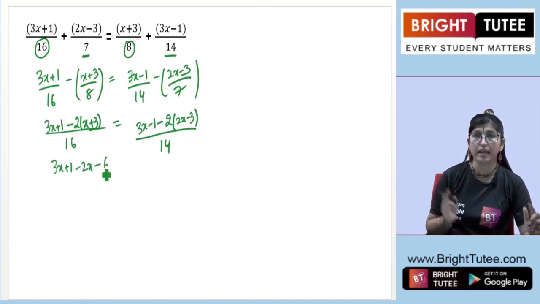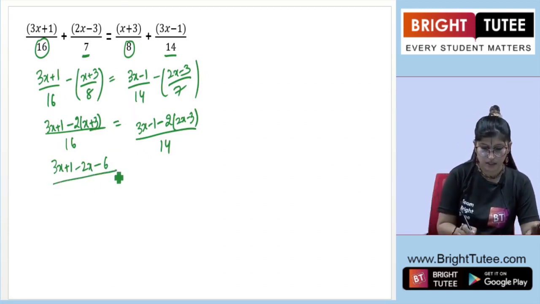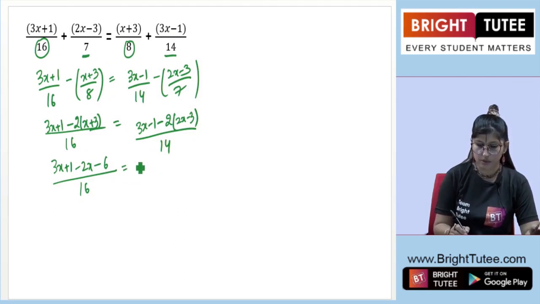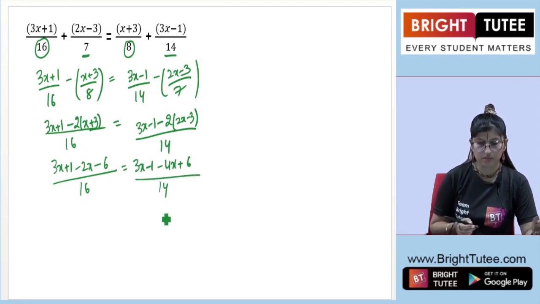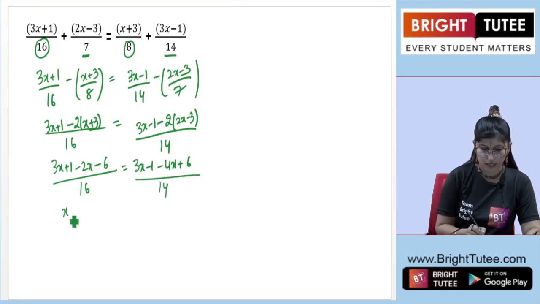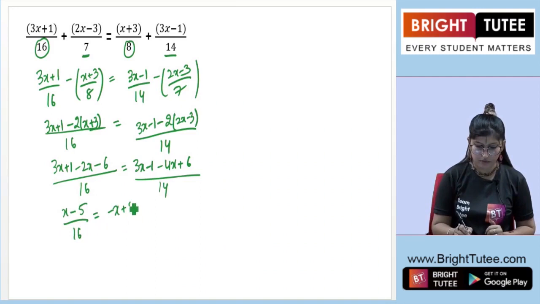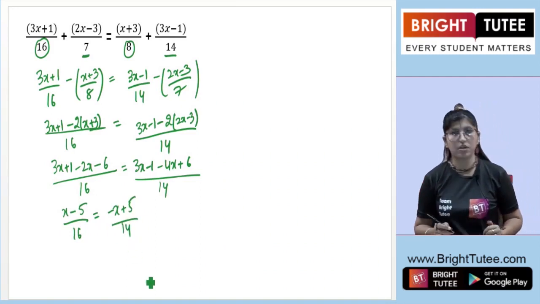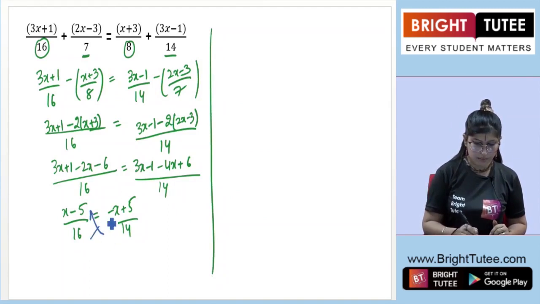Since we put brackets, we are aware that we need to change the signs inside the brackets when we open them. Upon 16 equals 3x minus 1 minus 4x plus 6 upon 14. Clubbing together, I get x minus 5 upon 16, and over here is minus x plus 5 upon 14. Now we get this as an equation and we can cross multiply it.